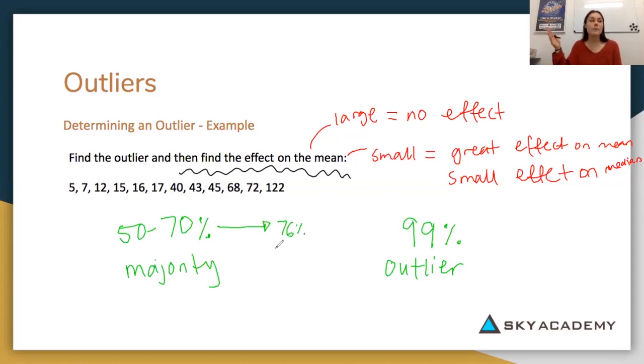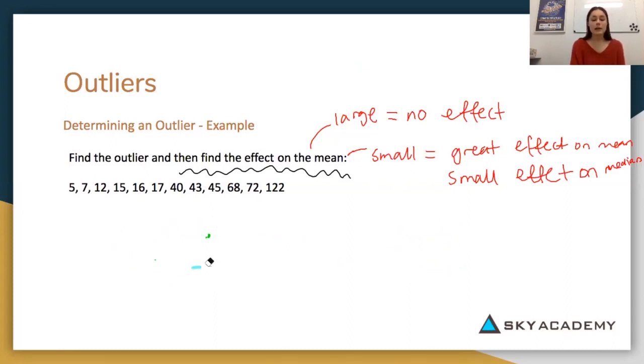So it makes it look like the test was easier when actually the test was a really hard test, but just one person was able to do amazing in it. So that's why outliers are important to determine the effect on the mean, because it gives a false representation of the data.